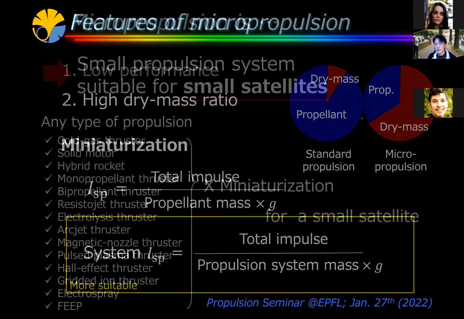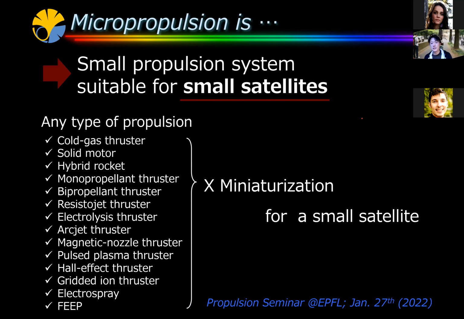Okay. So micropropulsion is just a small propulsion system and so suitable for small satellites. And as I said, this is a classification by the size. So this means any type of propulsion can be used for micropropulsion.